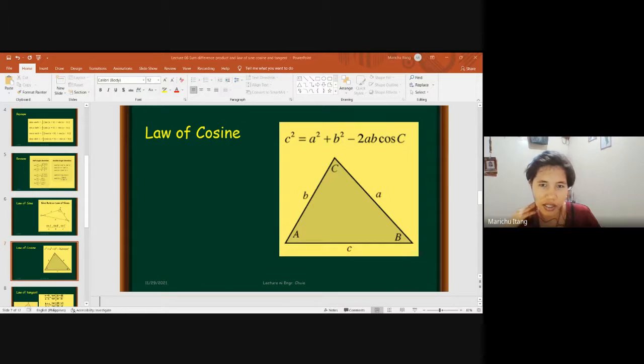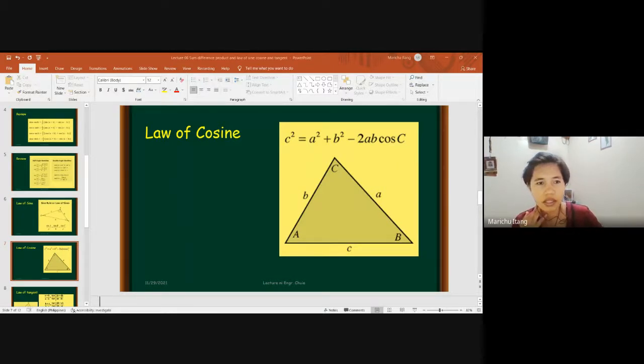Capital C is opposite to the unknown side, small c, and a and b are the sides adjacent to C. So we have cosine C, with b squared and a squared.